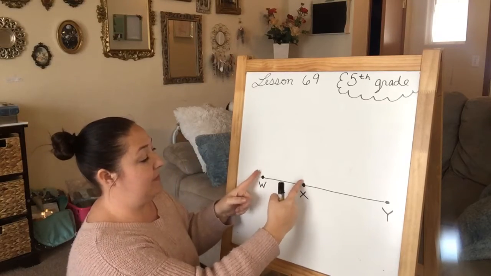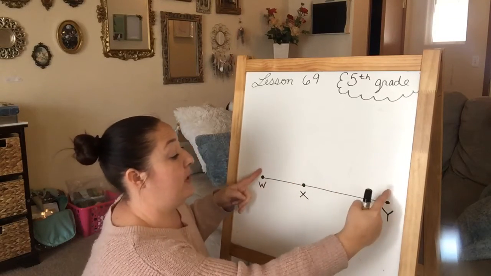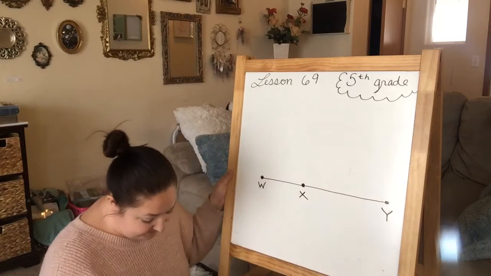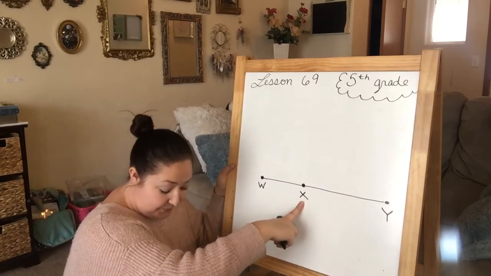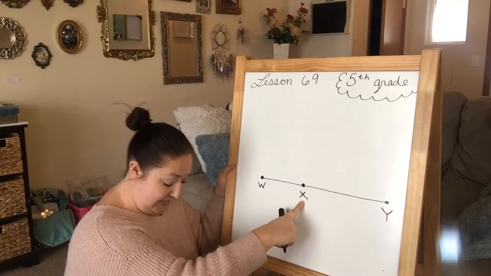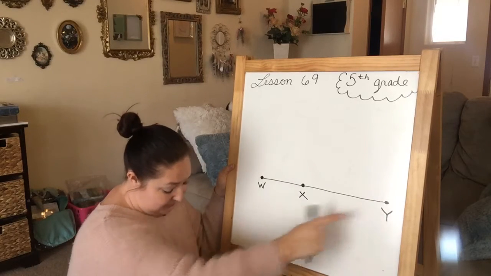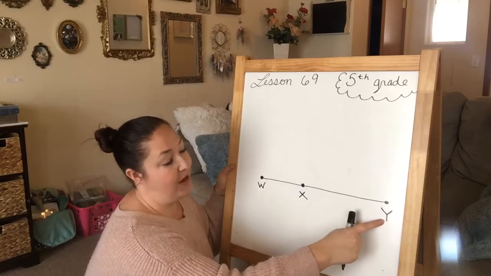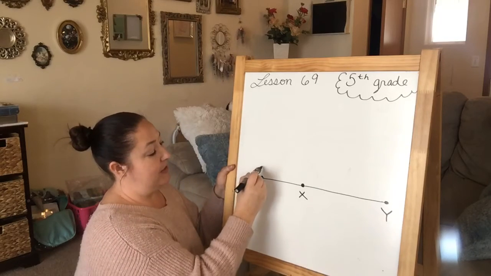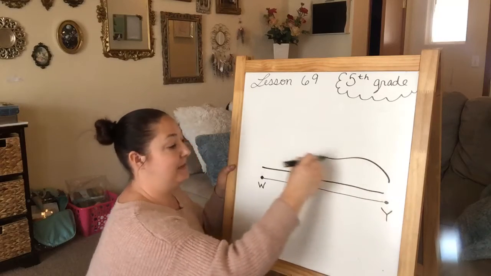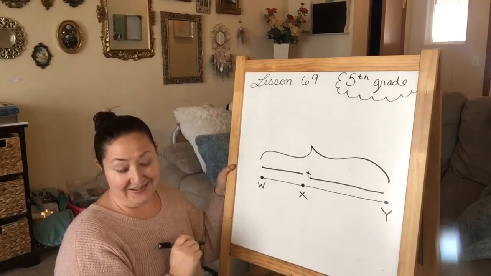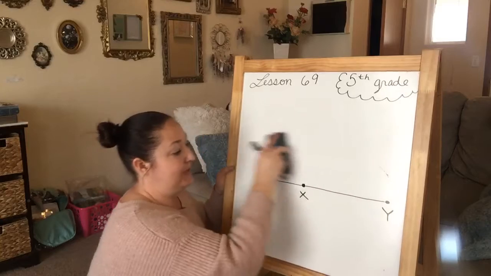So we have this segment, and this big old segment. The length of WX plus the length of XY equals WY. That makes sense, right? This plus this equals all of it. That makes sense to me too.